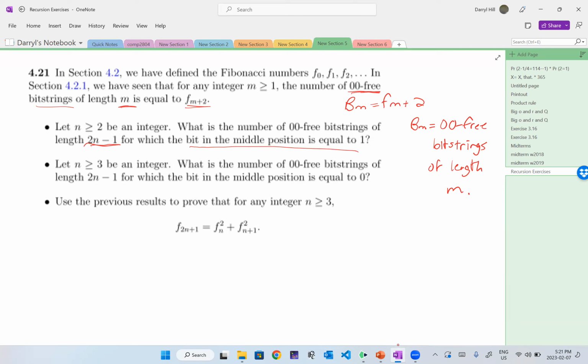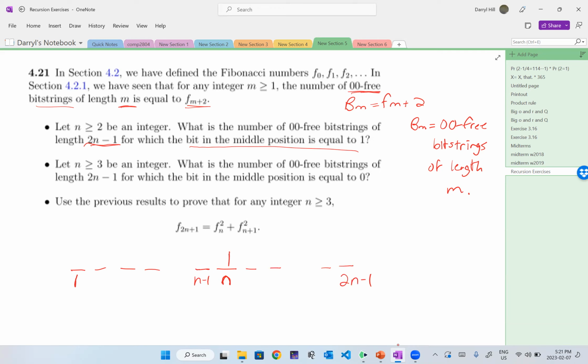Okay, so we have some bit string that's 00-free, and the middle is, what would that be? 2n minus 1, so this would be position n. And we assume that's a 1, and this would be n minus 1, and this would be 1, and then this would go up to 2n minus 1.